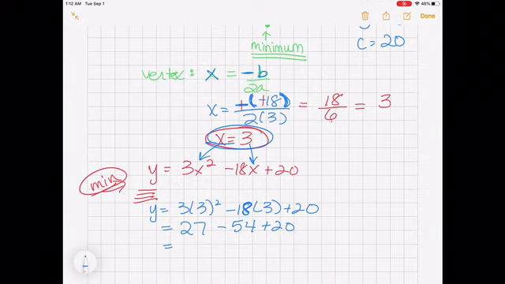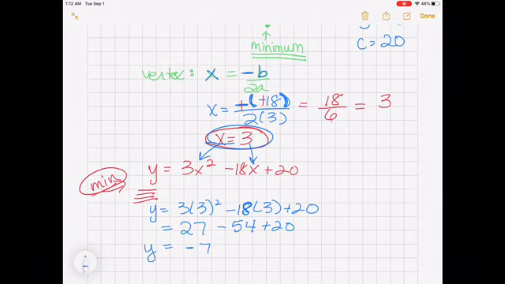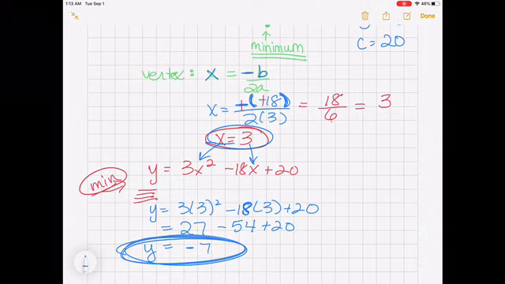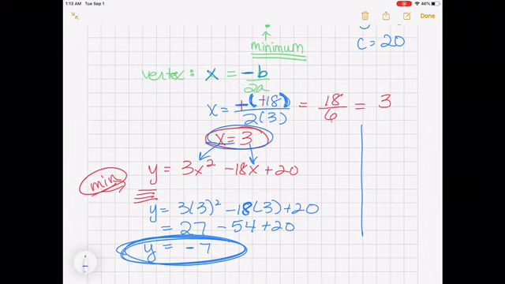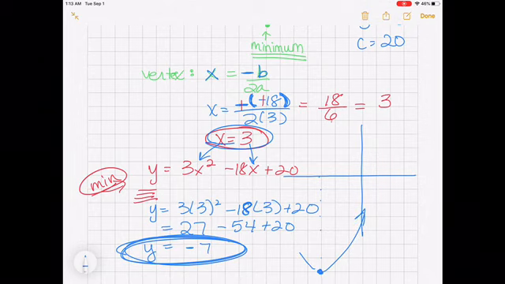That's 47 minus 54, so that's going to be a negative 7. So we know the minimum value for that vertex is y equals negative 7. And if I wanted to graph it, I'd say x is 1, 2, 3, and y is 1, 2, 3, 4, 5, 6, 7. It's way down here. And then our graph would look something like this.